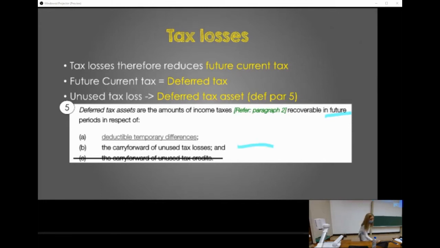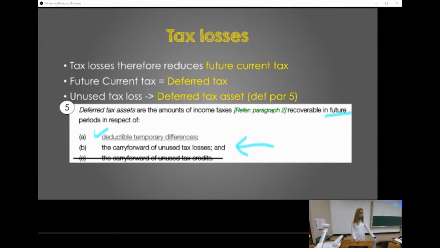Now we get to the carry forward of unused tax losses. And remember we said tax credits are not applicable in South Africa. So we've already looked at what happens when we have deductible temporary differences, when we create a deferred tax asset from that. Now we see that a deferred tax asset can also originate from an unused tax loss. Good.